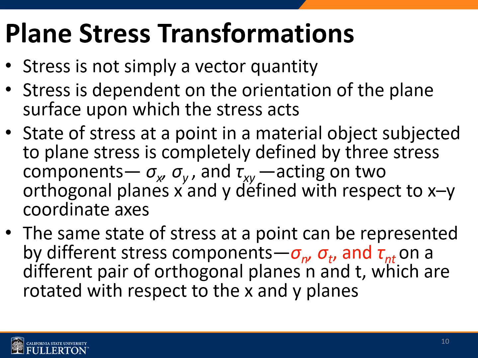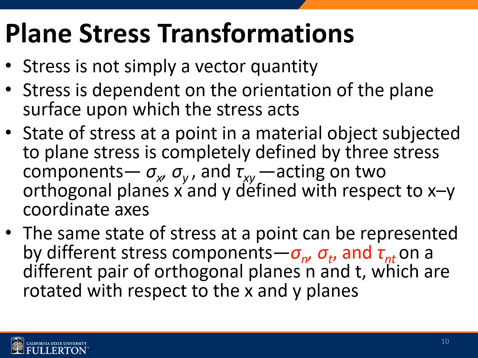Now coming back to stress transformation, what we have done in the previous example is we have the stress values for a given coordinate system, which is sigma sub x, sigma sub y, and tau sub xy, and we convert these numbers to a different coordinate system, which is the nt plane.